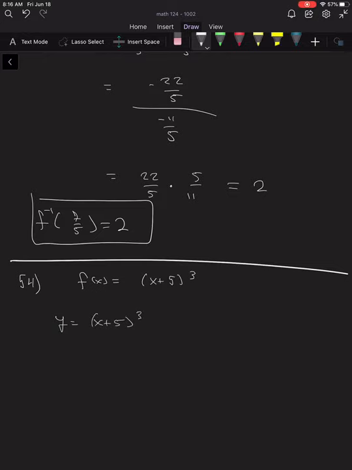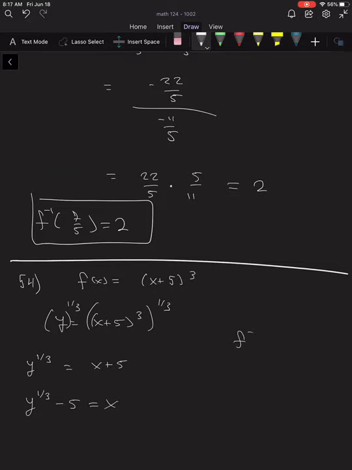Then to solve for x here, we're going to take the 1/3 power of both sides. On the left-hand side, we just have y to the 1/3. And over here, the 3 and the 1/3 cancel, so we just have x plus 5. And we can subtract the 5 over. So y to the 1/3 minus 5 is equal to x.